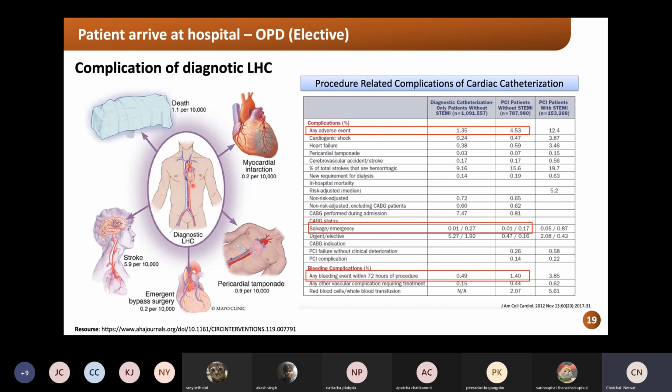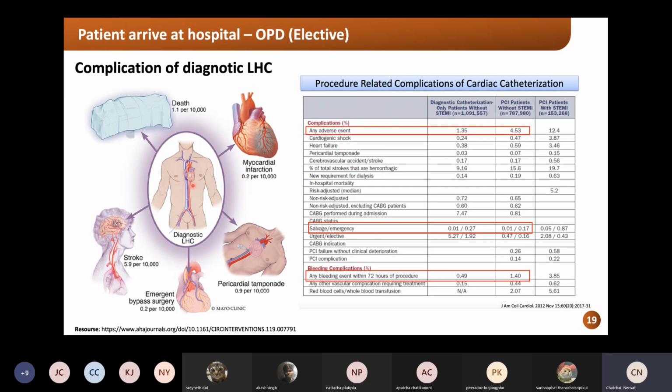Alright, after you perform the ECG, the doctor will tell the patient about the complications of the CAG or PCI, because when the patient gets knowledge about the procedure, some patients might feel unrelaxed, stressed, or uncomfortable about doing the procedure.